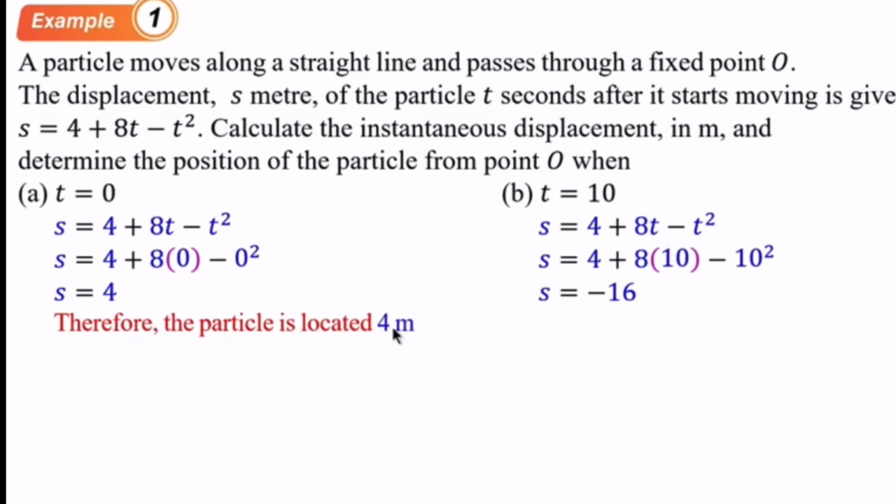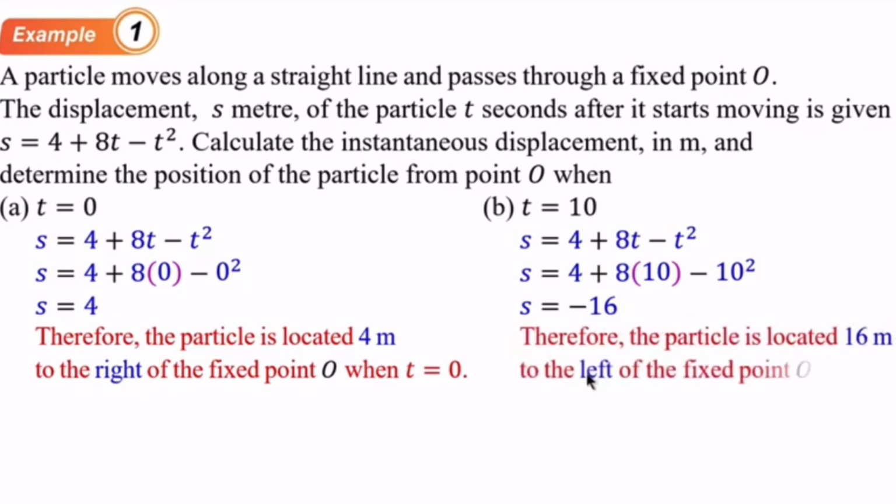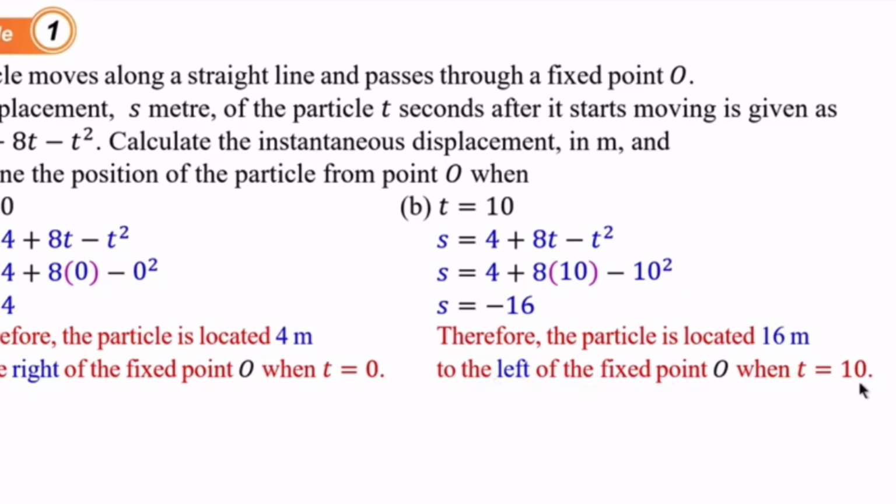Therefore, the particle is located 4 meters to the right of the fixed point O for t equal to 0, and for B, the particle is located 16 meters to the left of the fixed point O when t equal to 10. So the positive and negative is actually telling us the position of the particle, right?